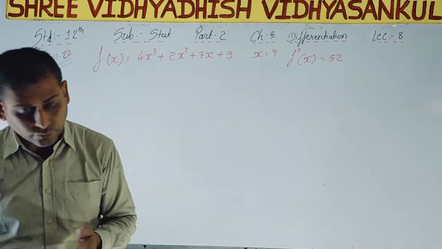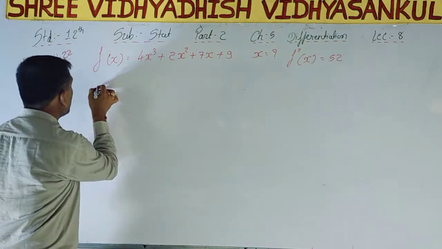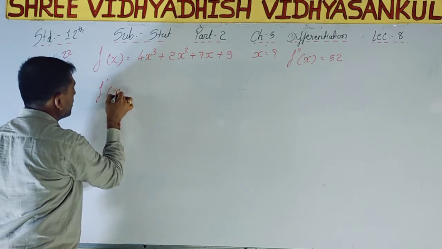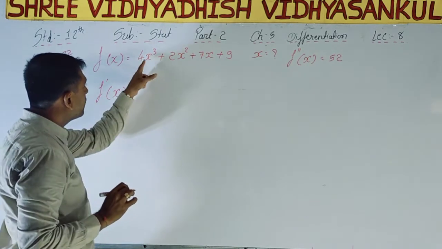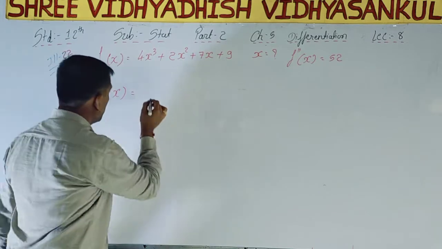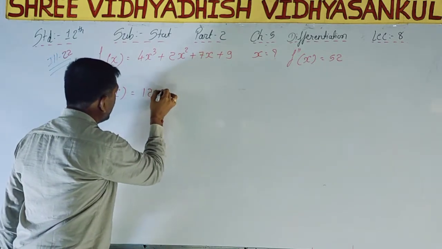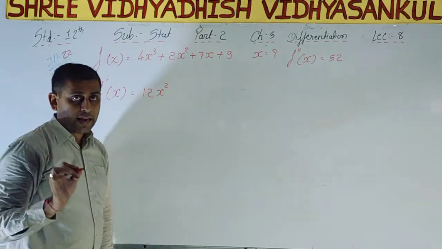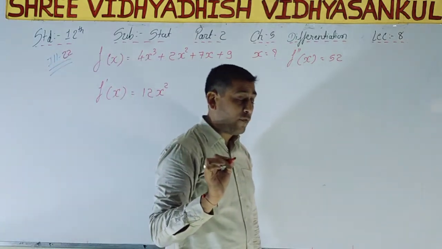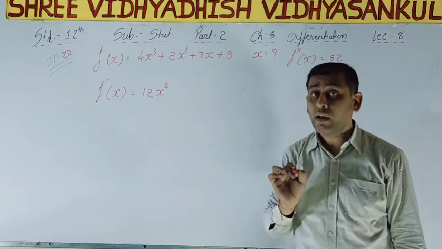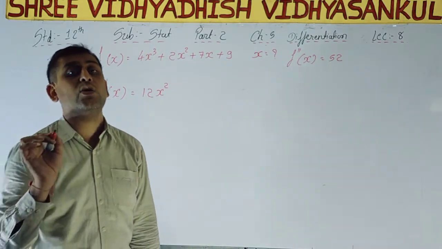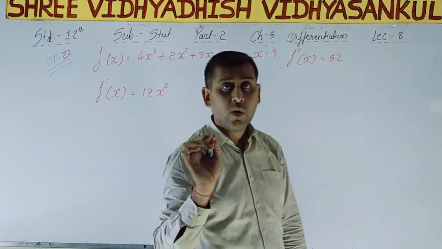See here, what is the first differentiation? This one is your question. For f(x) = x^n, f'(x) = n x^(n-1).